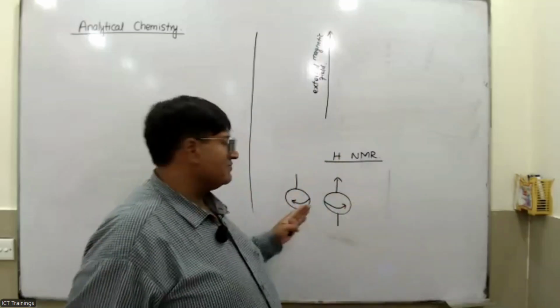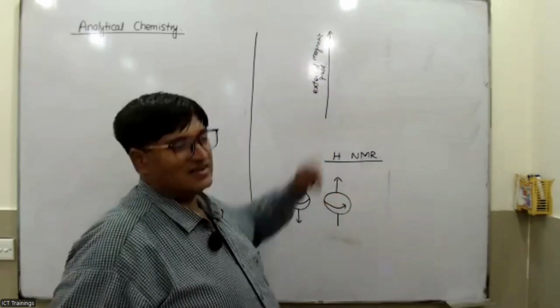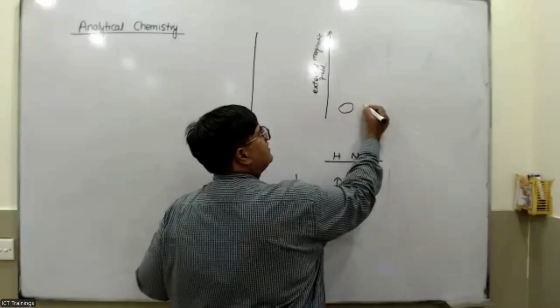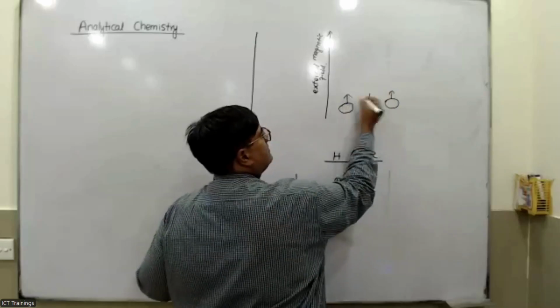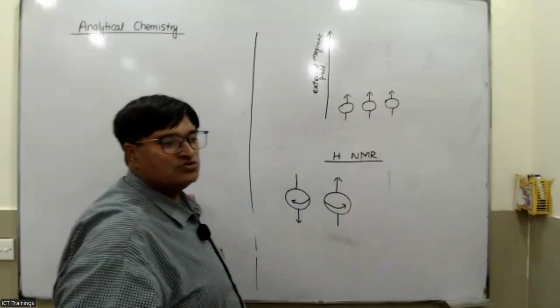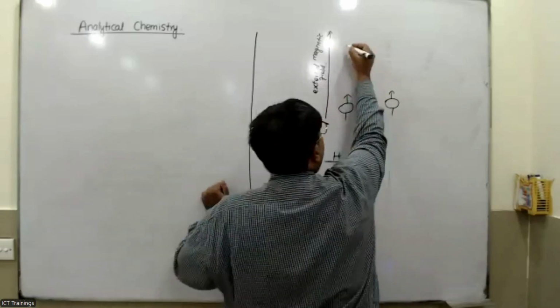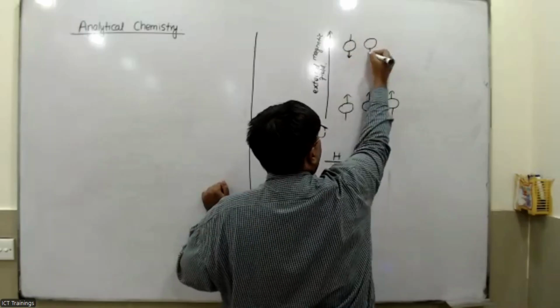So remember, those spin states whose magnetic field aligns with the external magnetic field have forces of attraction, so they come at a low energy level like that. Whereas those spin states whose magnetic field is reverse to the external magnetic field repel, so they are present at a high energy level.